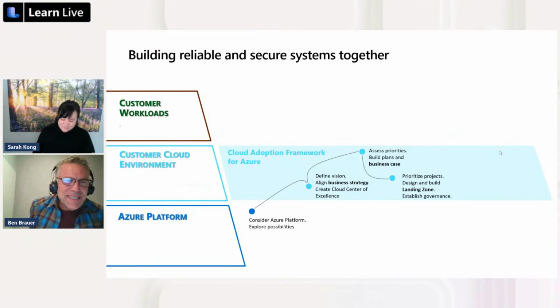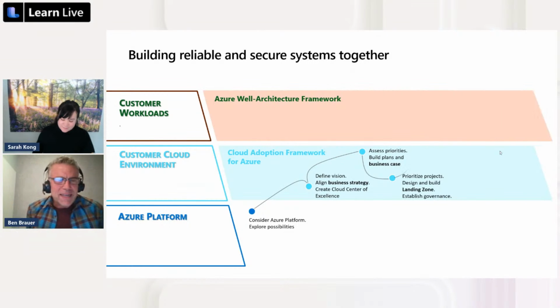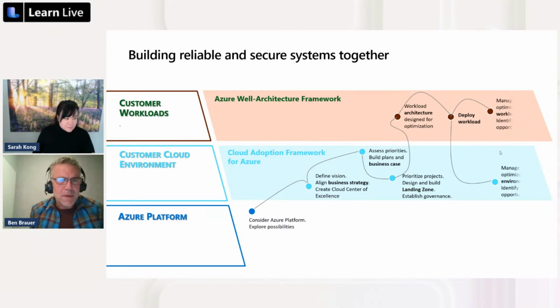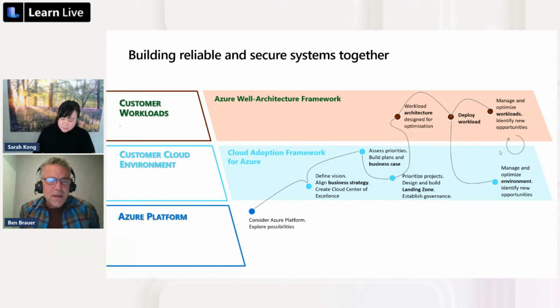So this is just another way to look at how to build and secure reliable systems with the cloud adoption framework and the well-architected framework. This shows how to collaborate and coordinate both the way the frameworks work and the tasks that you're trying to accomplish using these two different frameworks.